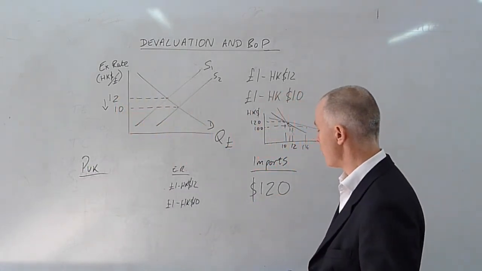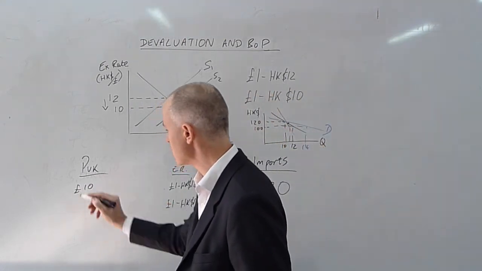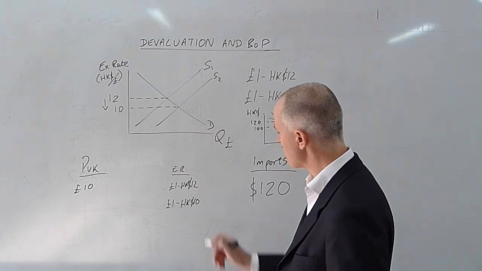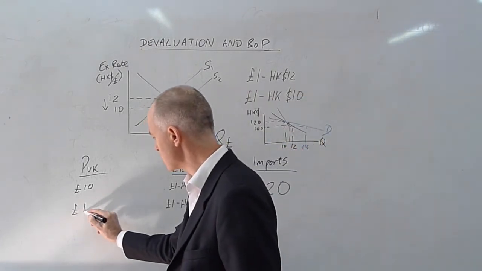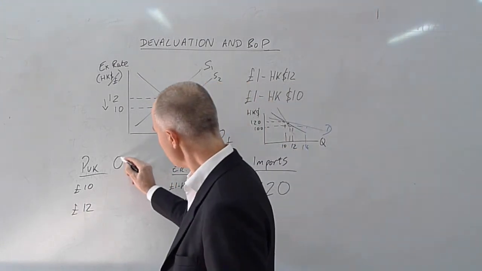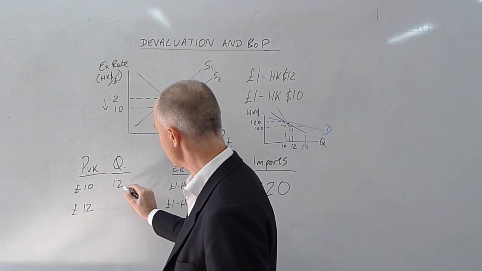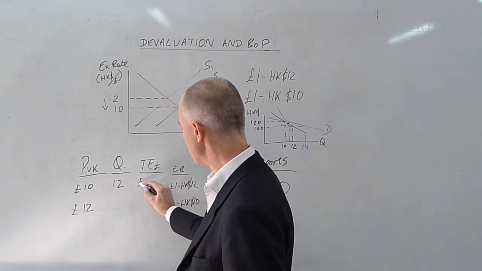Importing a product of $120 in Hong Kong will cost us initially £10. If the falling exchange rate results in an increase in import prices, if we previously had sold 12 units, our total expenditure in pounds would have been 120.